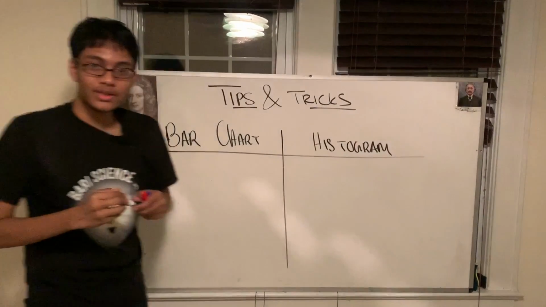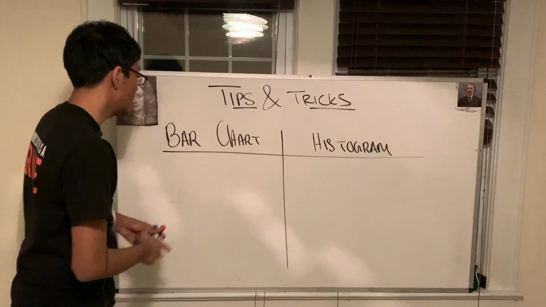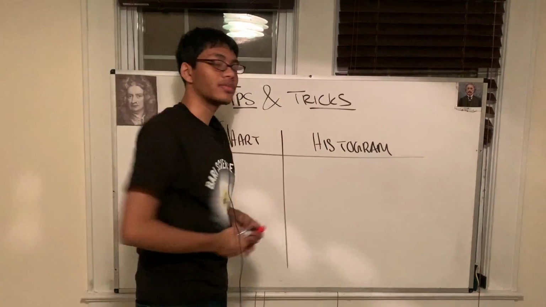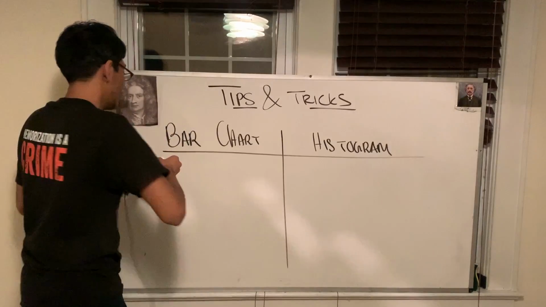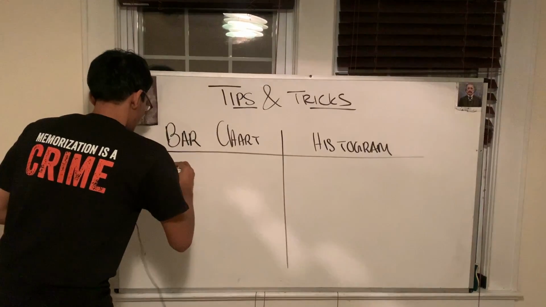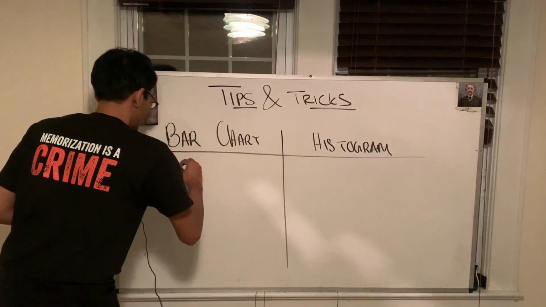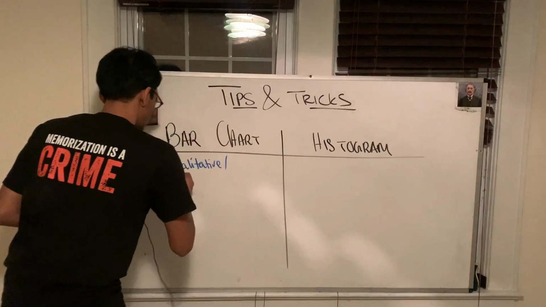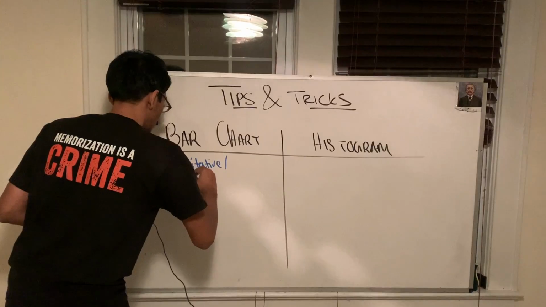Well, first and foremost, the most important distinction is that bar charts are for qualitative, histograms are for quantitative. Make that note right now. So bar charts are for qualitative categorical data. So let's keep note of that, qualitative categorical data.